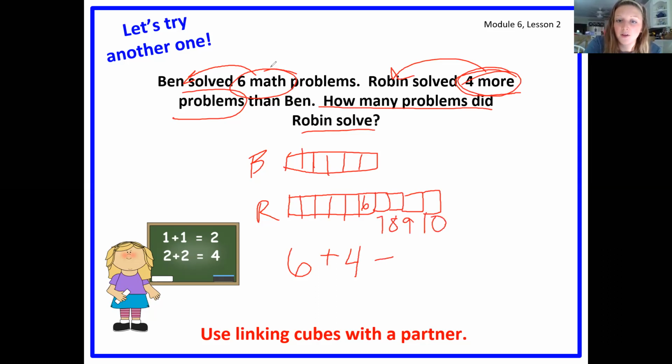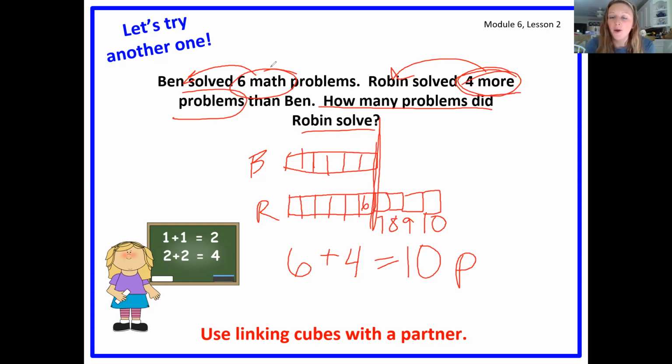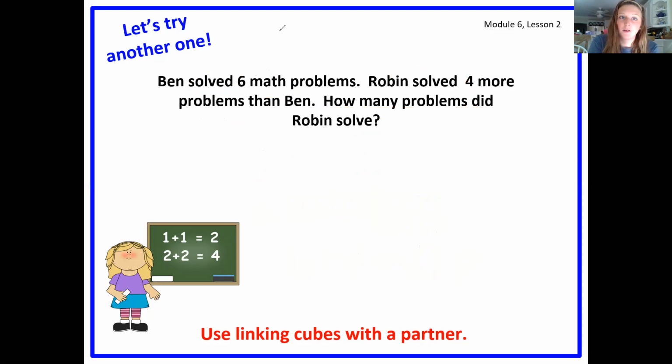So 6 plus 4 equals 10 problems. So that lining them up and really taking the time to understand was helping me be able to just draw that picture, and my work gave me the answer. So let's do a couple more real quick.